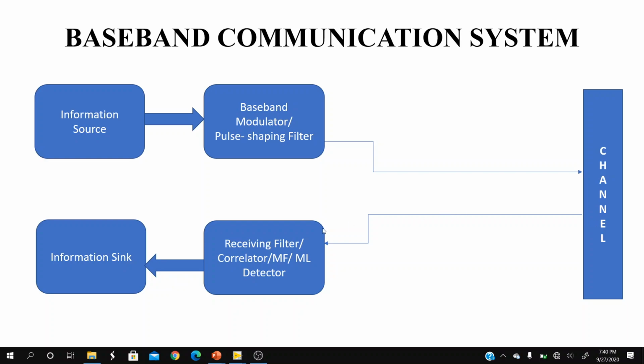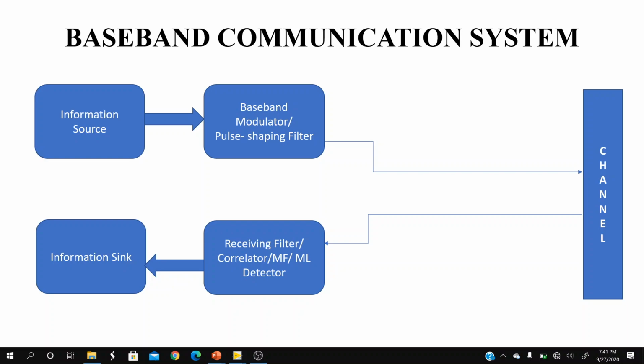From the channel, the information obtained is sent across two stages of processing before we obtain the recovered bit stream. That is, we pass the received signal or waveform through a receiving filter or a correlator or a matched filter, which then provides the waveform in its sample equivalent.